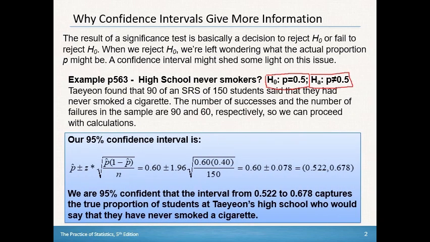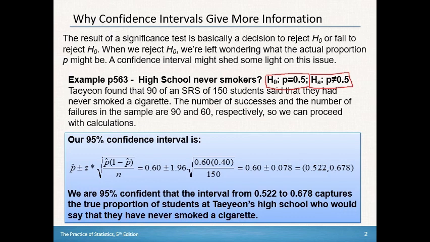All right, so the confidence interval in that case, if we use p hat plus or minus z star times the square root of p hat times 1 minus p hat all over n, we put all that in and we get an interval of 0.522 to 0.678.